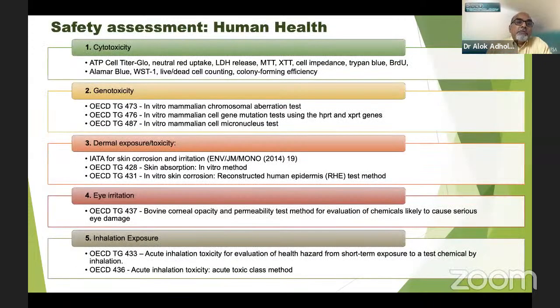The specifics, when we go into safety assessment, for example human health: we need to get lots of data on cytotoxicity, genotoxicity, dermal exposure and toxicity, eye irritation, and inhalation exposure. And these data sets have to be developed according to the international protocols which are available.